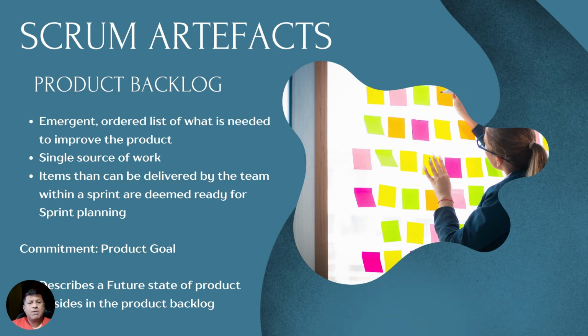And whatever items the Scrum team plans to deliver in the next sprint, they would be pulling from the product backlog for their sprint planning purposes. So they will look at the product backlog and see what user stories or features are ready, correct?